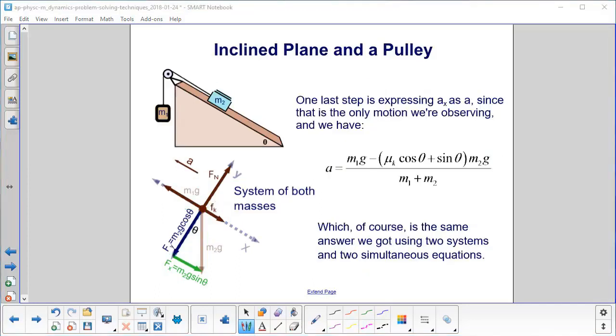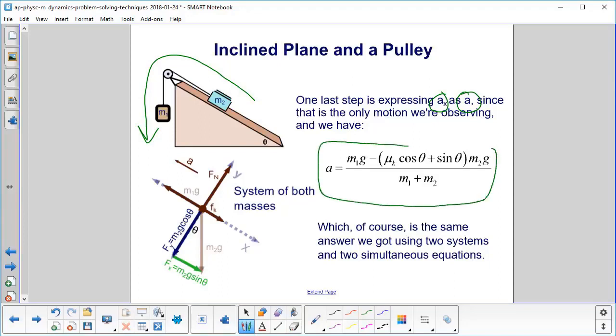One last notational step is getting rid of A sub x and just expressing it as A, because the system is only moving in one direction, that counterclockwise direction, and we come up with A is equal to M1G, that is this block here pulling it down, minus the friction force on M2, which is this, and the gravitational force on M2, which is this, divided by the total mass of the system, which of course is the same answer we got when we used the two systems, one for M1 and one for M2.